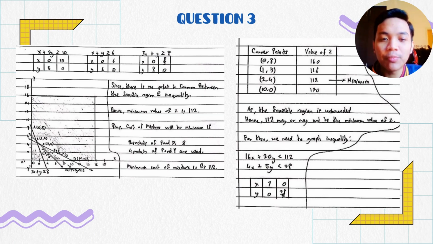Since there is no point in common between the feasible region and this inequality, hence the minimum value of z is 112.